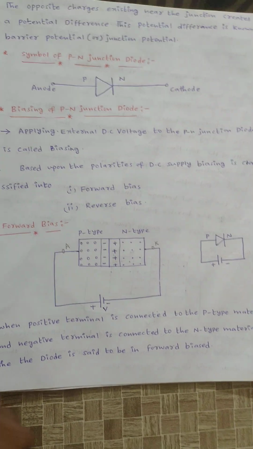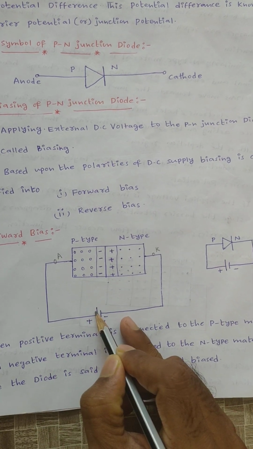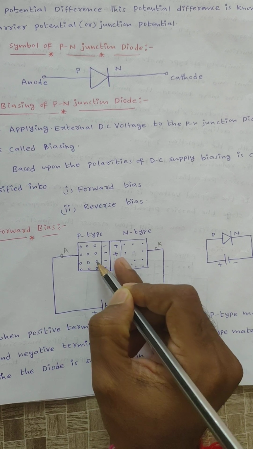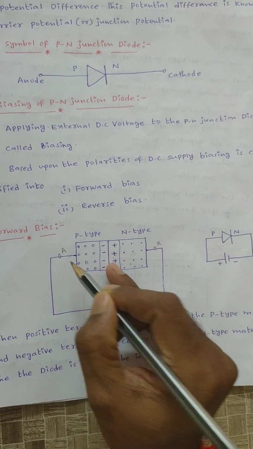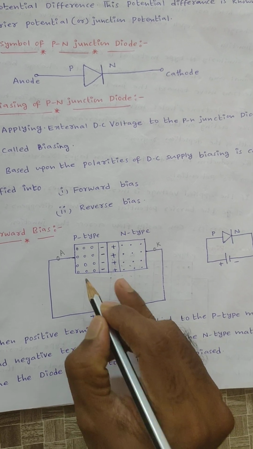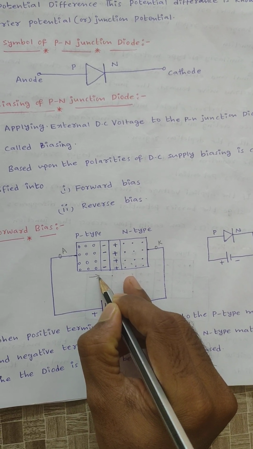Now see here, when the P type material is connected to the positive terminal of the battery, these holes, having positive charge, are again connected to positive. Two similar charges repel each other, hence there is a force acting on the junction.